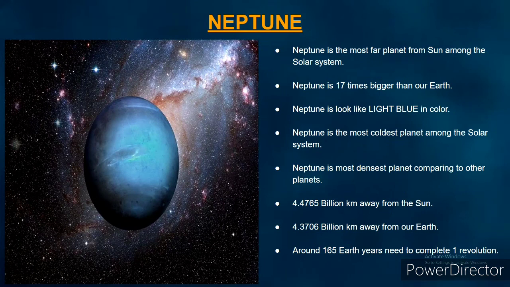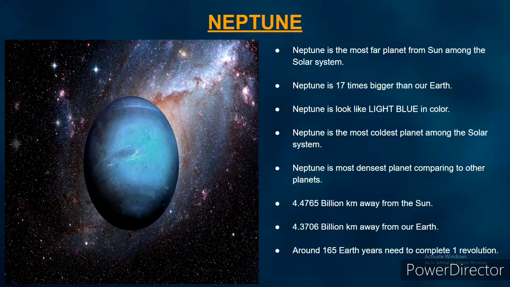Here is the Neptune. My goodness, see the beauty. Neptune is a most far planet from Sun among the solar system. Neptune is 17 times bigger than our Earth. Neptune is light blue in color. Neptune is the most coldest planet among the solar system.